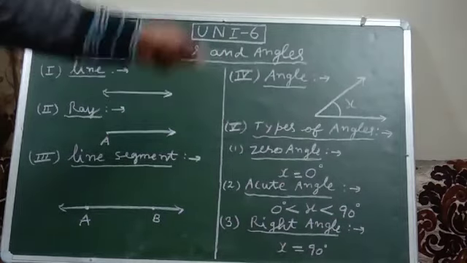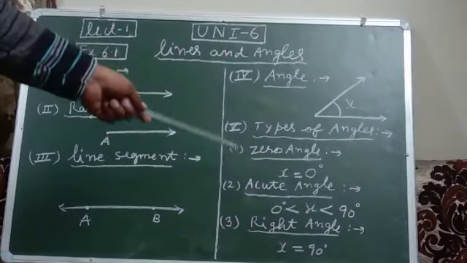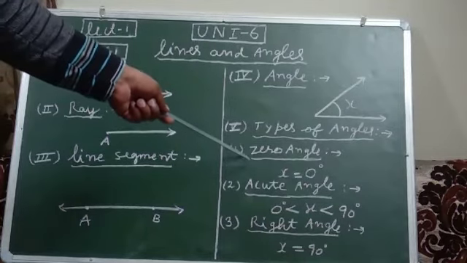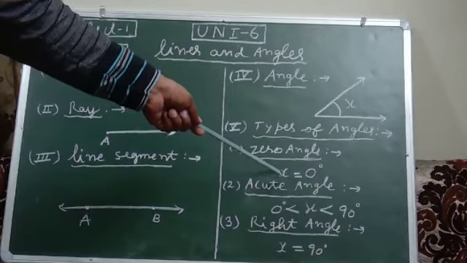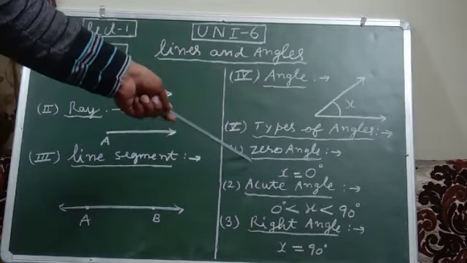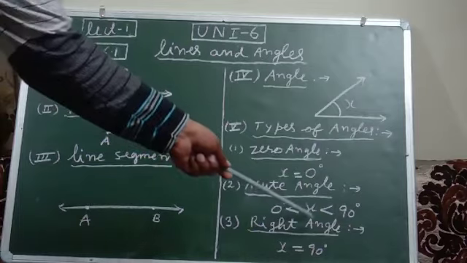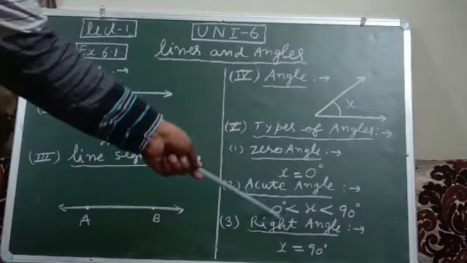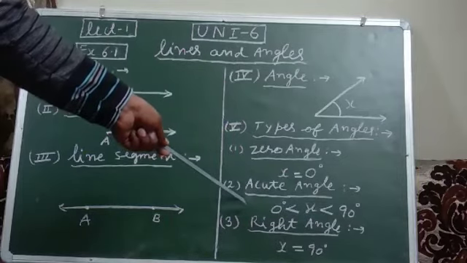Now we will study types of angles. So we are having different types of angle. First, zero angle. From the name itself it is clear, that angle whose value is zero is called the zero angle. Suppose I took some angle x, its value is zero, then what will we call it? Zero angle. Then acute angle. If value of any angle, suppose I take angle x, is greater than 0 but less than 90, it is called the acute angle.